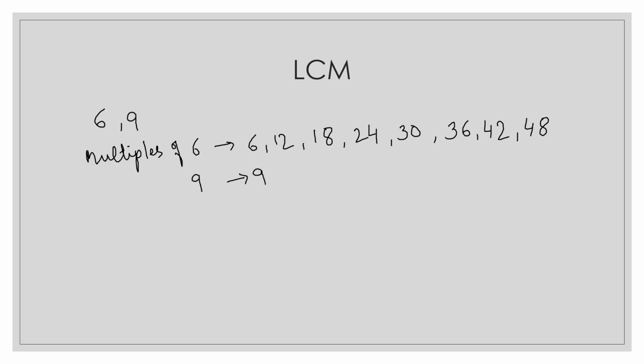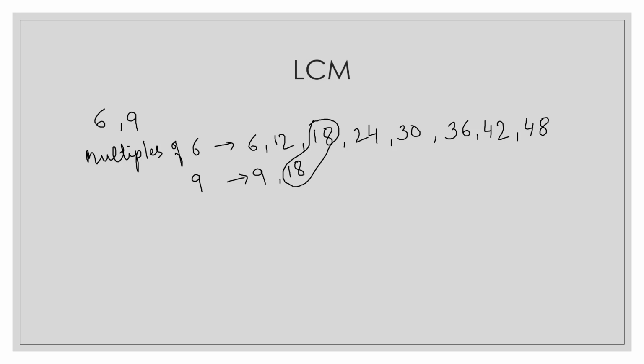It will be 9, 18 and 27. Right. So now we got a common multiple, right? Yes. So this is the LCM of these two numbers. The first multiple which you will get, which is common between those two numbers, is called the LCM.